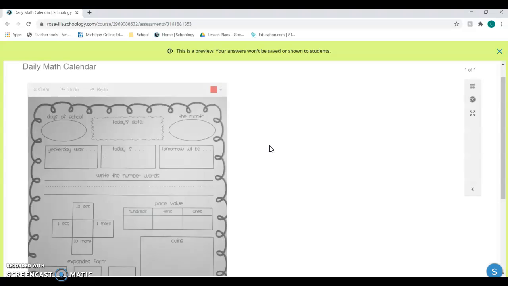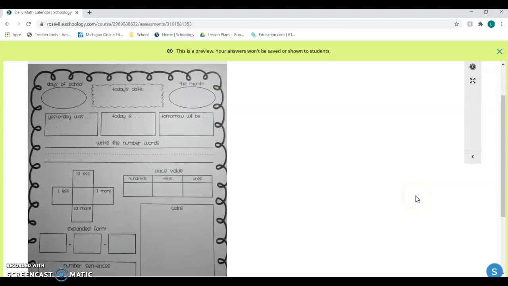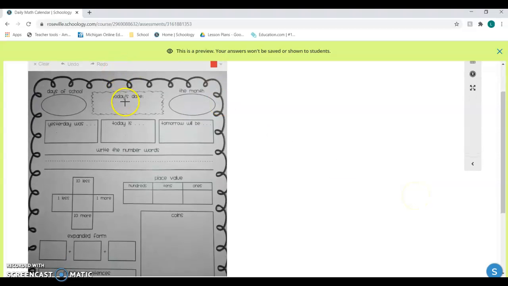So to fill this out using today's date, which today is October 5th, 2020, we would first write today's date, which is the 5th. You would just write the number here. We are not counting days of school, so you can cross that out. Over here you would write the name of the month.